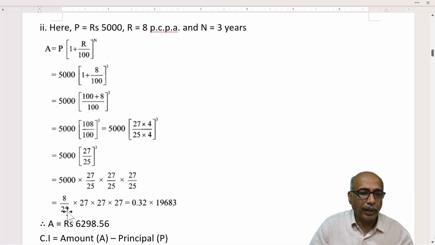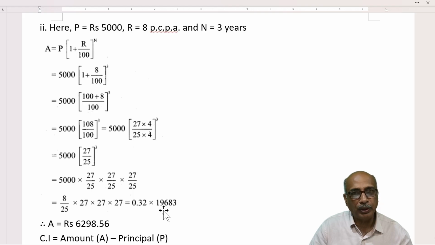So it will be 8 upon 125 left in the denominator into 27 three times. So 8 upon 25 equals 0.32 into 27 cube, which is 19,683. In this problem, calculations are important. Wherever you can simplify, you simplify. Otherwise, calculate the terms.